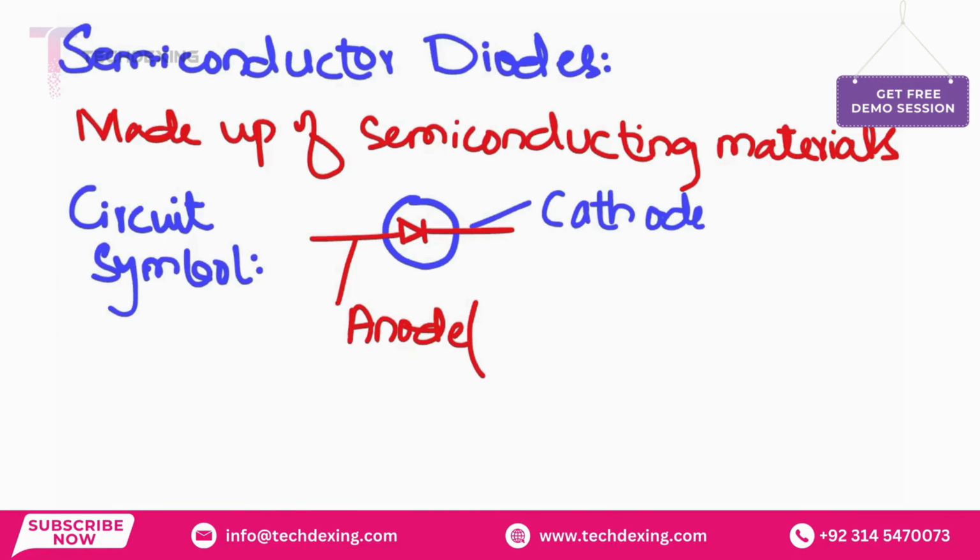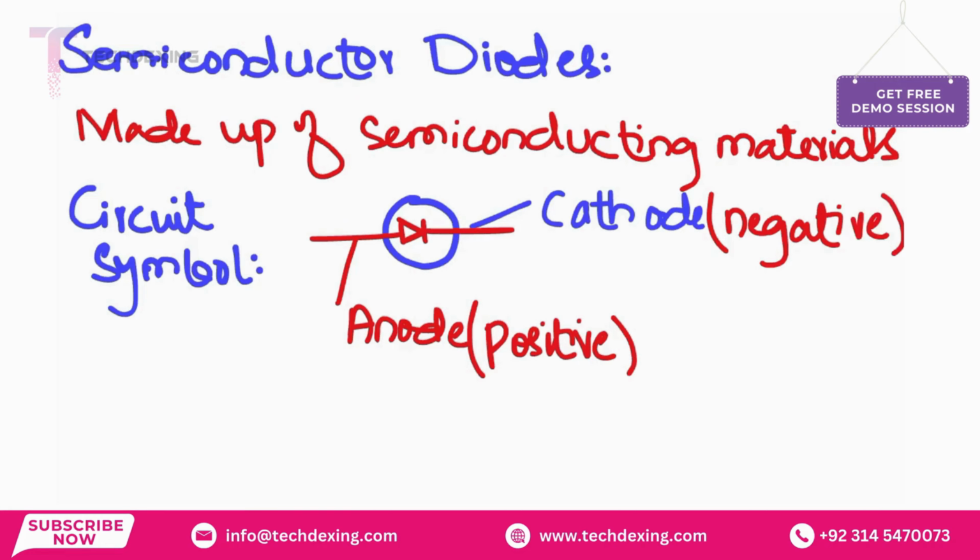No. Keep in mind that when you are talking about circuits in physics, the anode is always taken as the positive electrode. Got it? So if you're dealing with a cell, the positive terminal of the cell would be considered the anode, and the negative terminal of the cell or battery or any component of the circuit would be taken as the cathode.